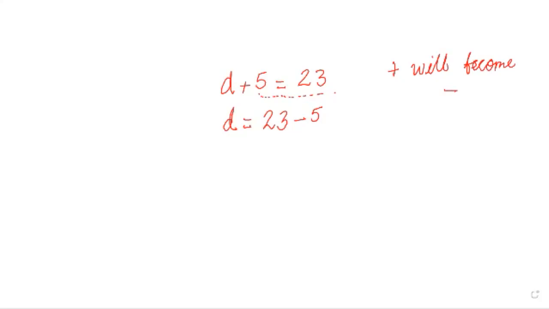Plus will become minus. If it is minus here, it goes there and becomes plus. So 23 minus 5. D equals what? Simply, Malak, if you have 23 chocolates and you remove 5 chocolates, why do I have to remove 5? Because they want to know that 5 plus what gives me 23. So it is 18.